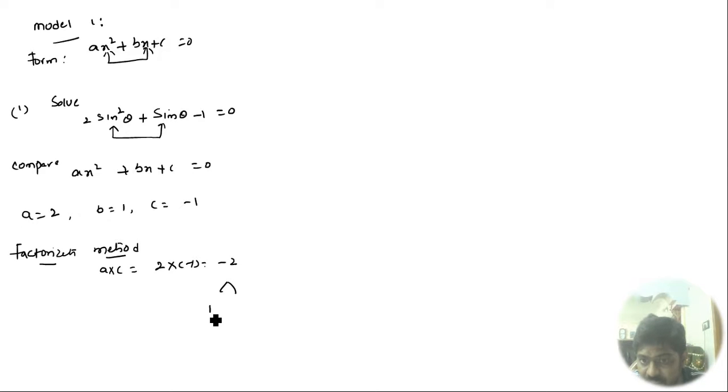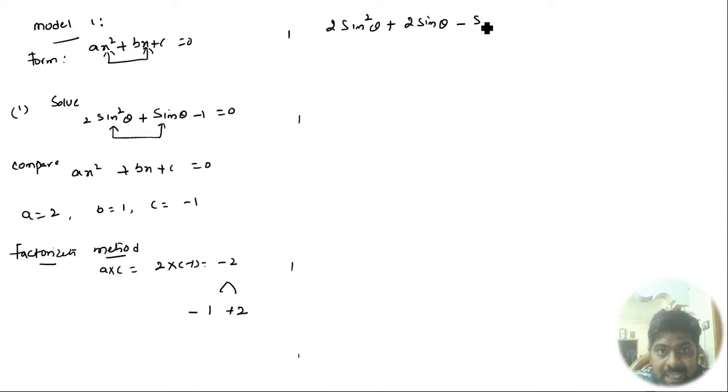We find the factors for 2, 1 and 2, one with a plus and one with a minus. So we get 2 sin square theta, and sin theta can be written as 2 sin theta minus sin theta, minus 1 equal to 0.